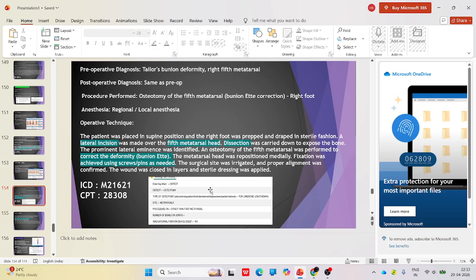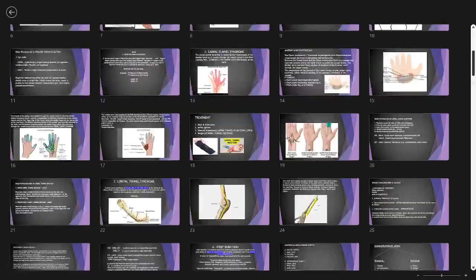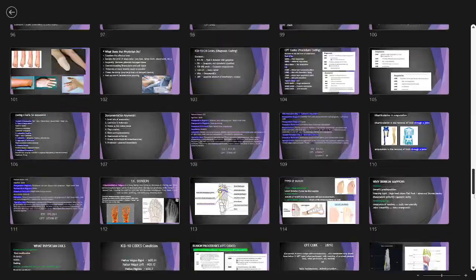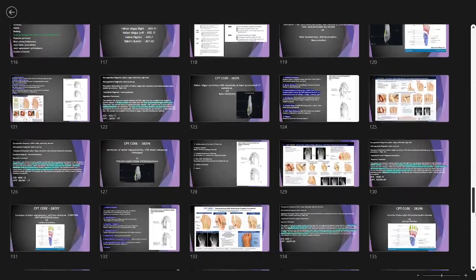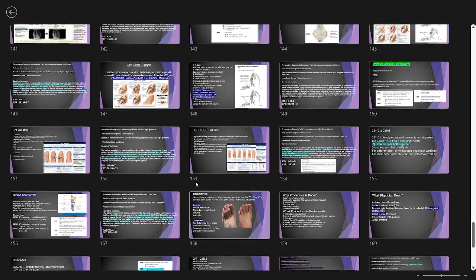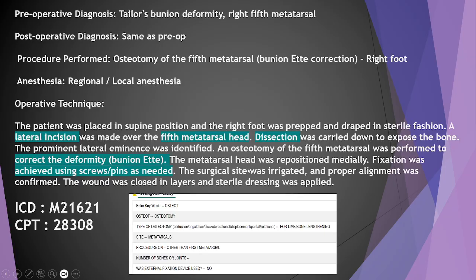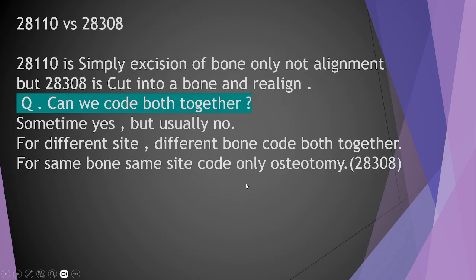Okay, coming to the next. 28308 we have done. So in these two CPT codes, 28110 is simply excision of bone, and no alignment has been done.